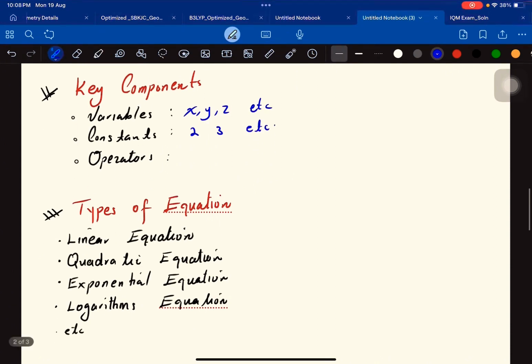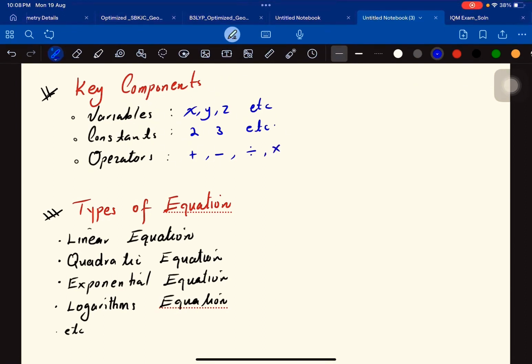Now we have the operators. Operators also are mathematical expressions that execute a specific task. For instance, we have the key basic operators, which are addition, subtraction, division, and multiplication.